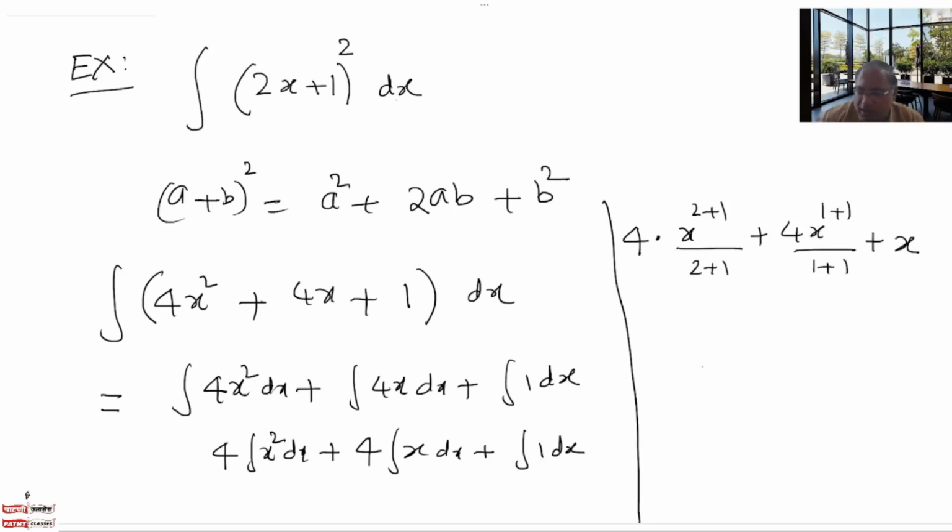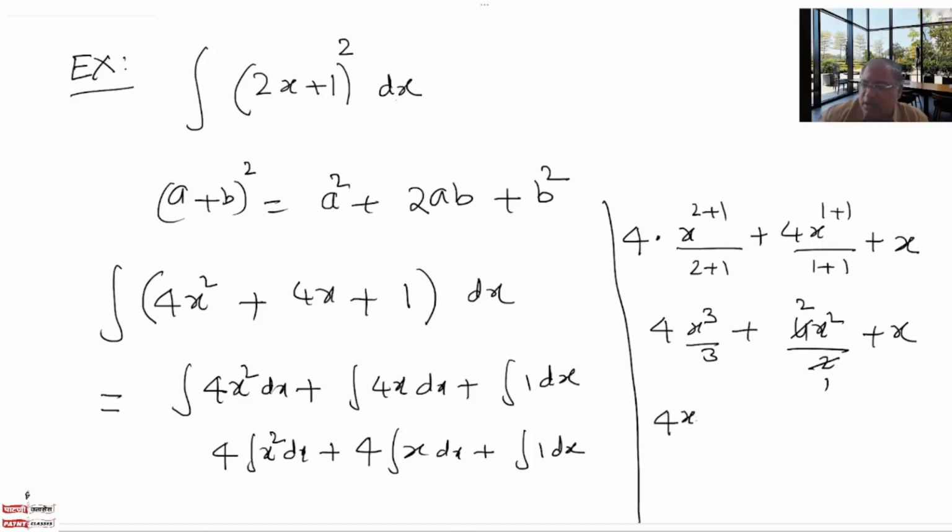Please note that. Now here we have 4x cube by 3 plus 4x square by 2 plus x. If cancellation is possible, you can cancel; here two 2s are cancelled. Wherever cancellation is not possible, keep as it is.